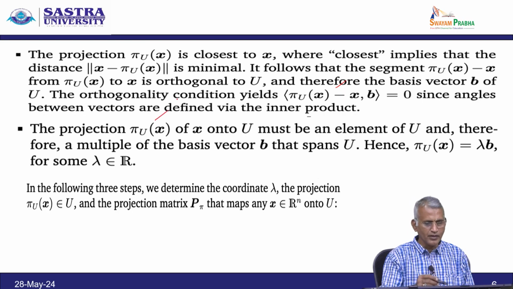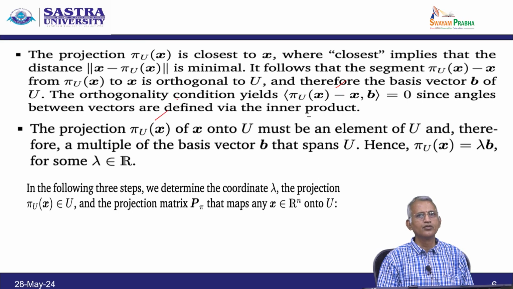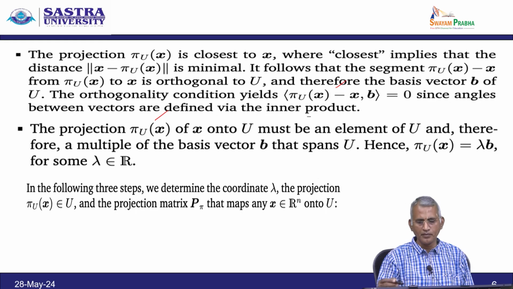So the projection pi u of x onto U must be an element of U, and therefore a multiple of the basis vector b that spans U. Hence pi u of x equals lambda b for some lambda in R.